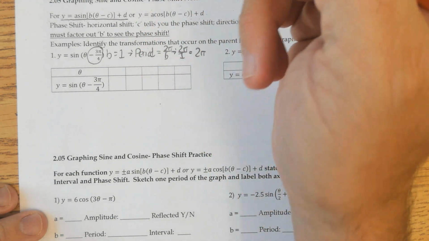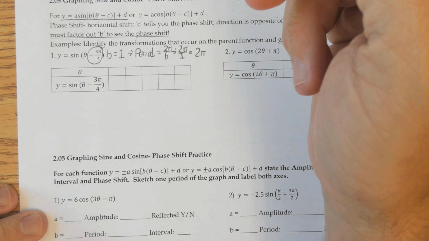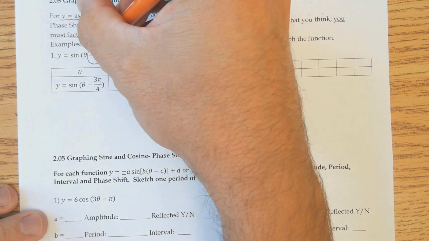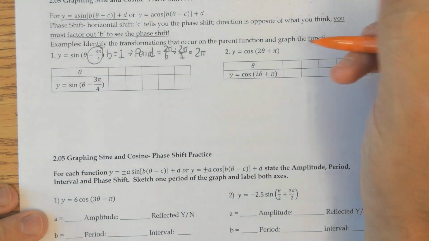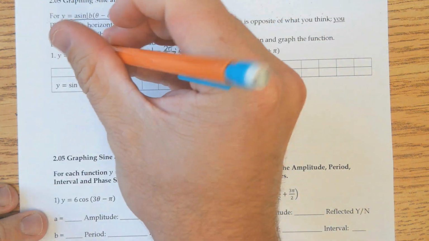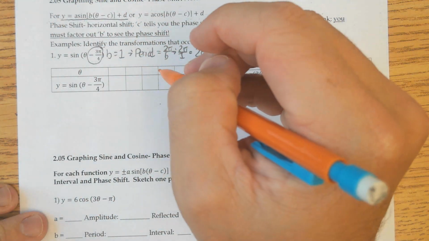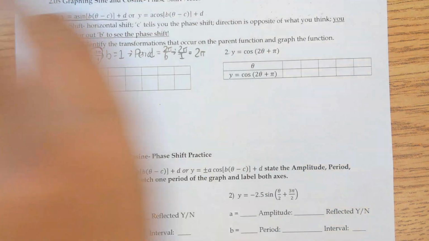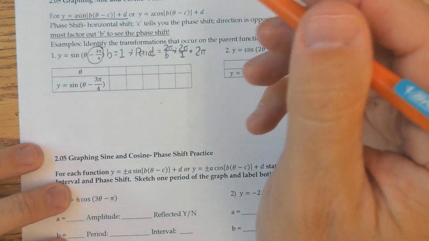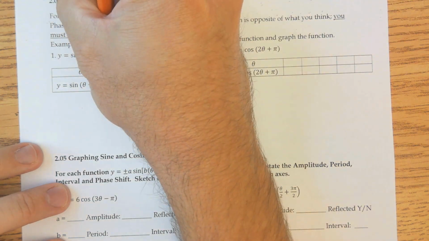So therefore, my phase shift is equal to the opposite of that, the opposite sign, right? Because what does it say here? The direction is opposite of what you think. So that means my phase shift is equal to 3 pi over 4.